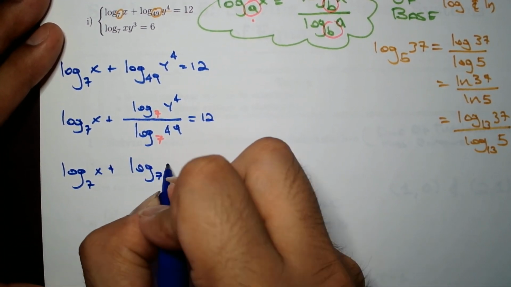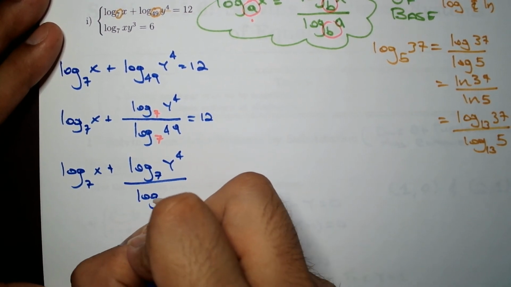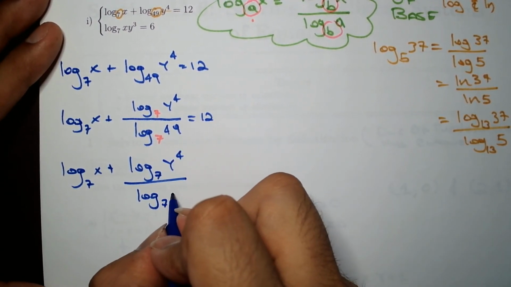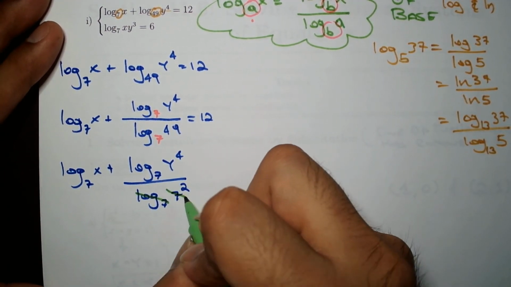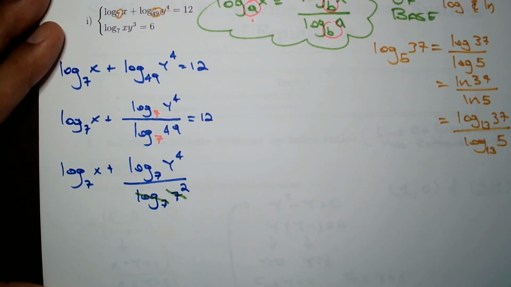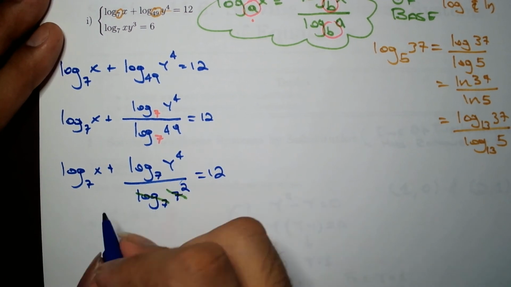Log base 7 of y to the 4th power over log base 7 of, well, 49 is the same as saying 7 squared. You see what's going to happen here? Yes, log base 7 cancels the exponential base 7, and the 2 will remain there.